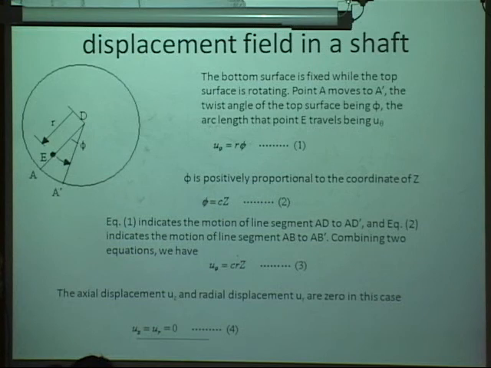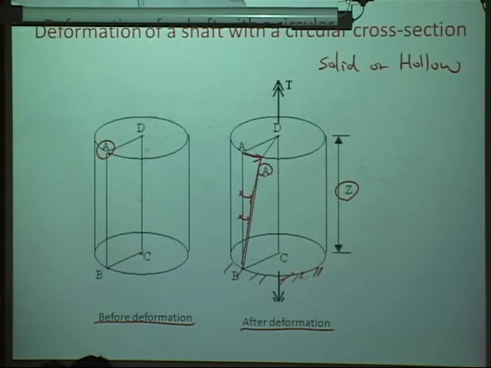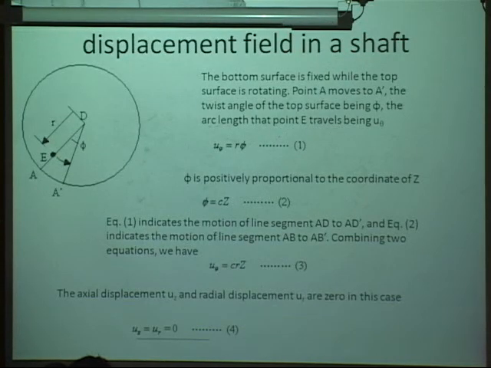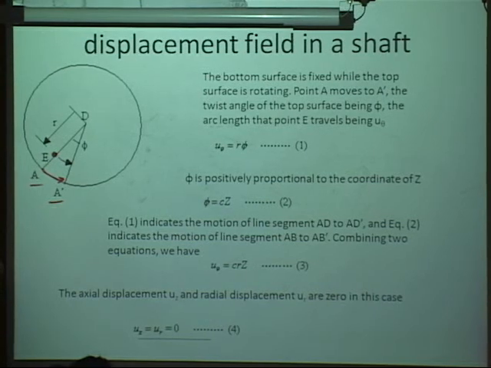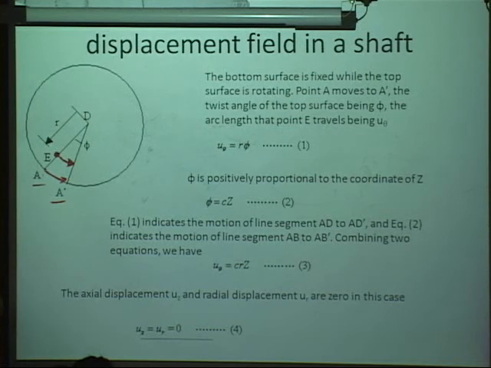Okay, now the displacement field in a shaft, which you just observed, and this is the top side. A moves to A prime, and any point here, E, also moves. And remember, we have the shaft like that, and it also moves like that.